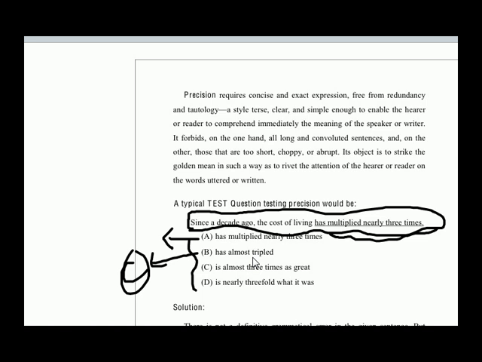So on the test, when you have two choices which are so close together, that's where the real test of your understanding of what the test makers are trying to ask comes to the fore. So for this question I would say that the correct answer is B, and that is because of this precision test, which is part of good writing.